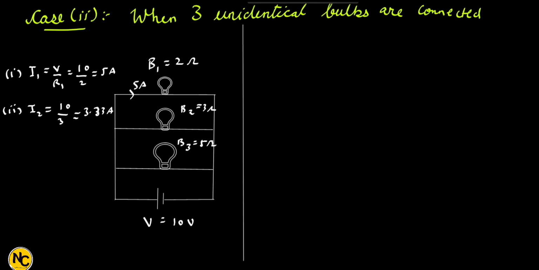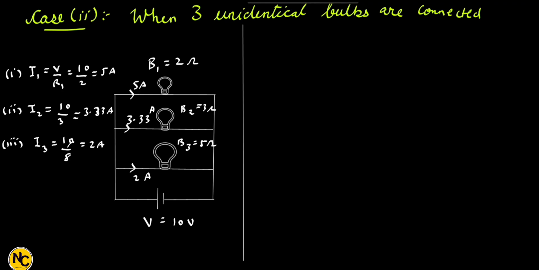And I3 is equal to 10 upon 5. So we can say 2 ampere current will flow. So from here bulb 3, 2 ampere, and here 3.33 ampere current will flow.